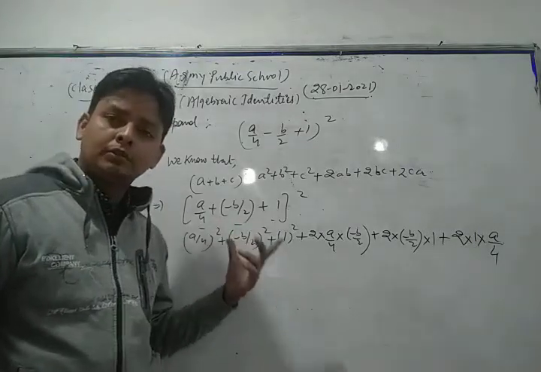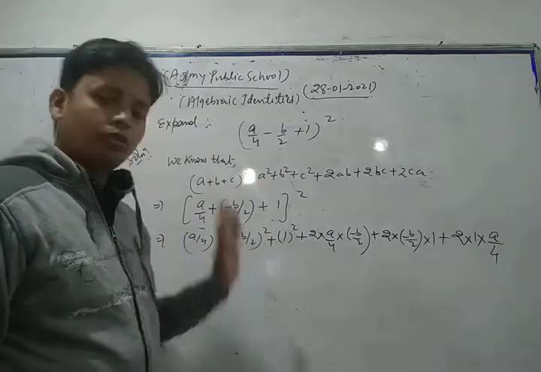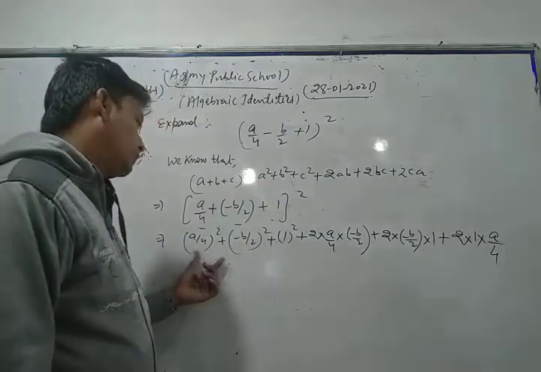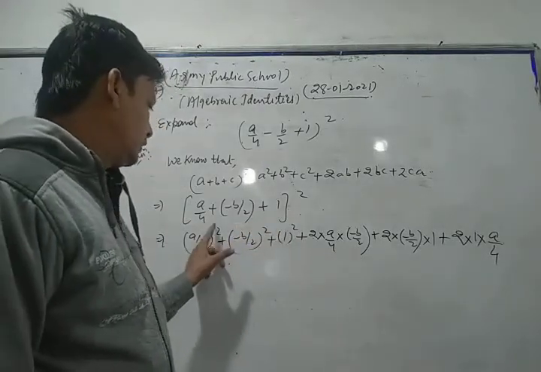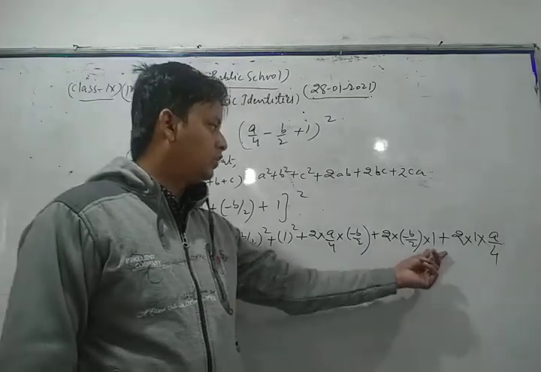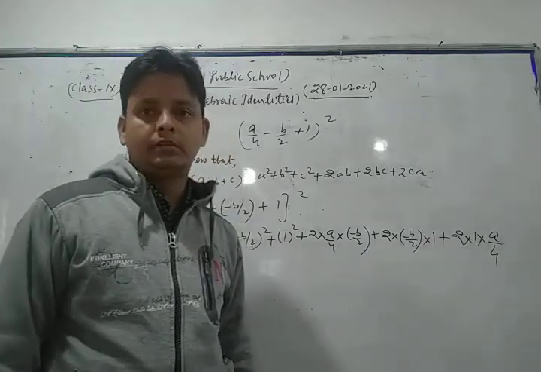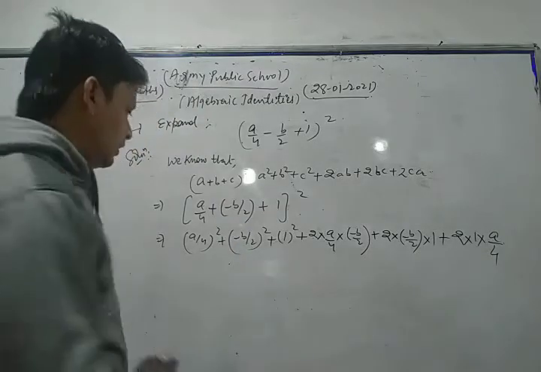So first of all we expand the given question based on the identity (a + b + c) whole square. This is a square plus b square plus c square plus 2ab plus 2bc plus 2ca. Okay dear students, now we simplify them. Let's see.